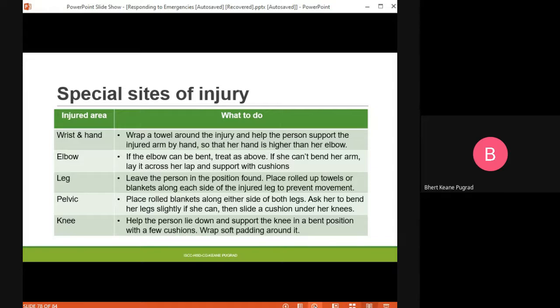But if she cannot move, just put a rolled blanket on the side to immobilize the patient and at least provide some comfort. How about the knee? Help the person lie down, support the knee in a bent position with caution, and wrap soft padding around it.